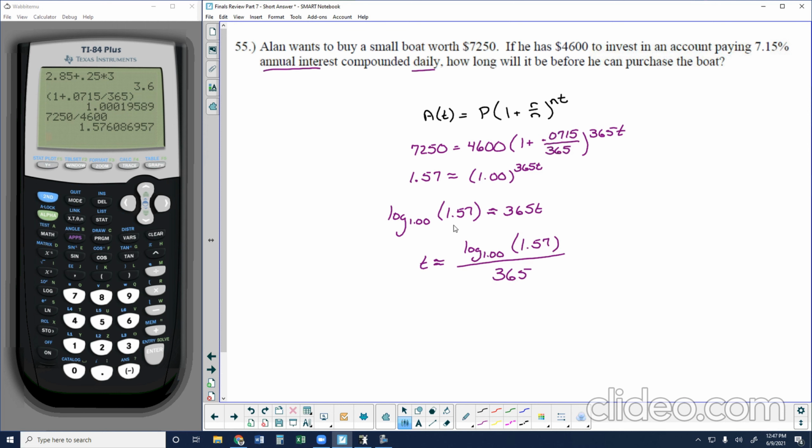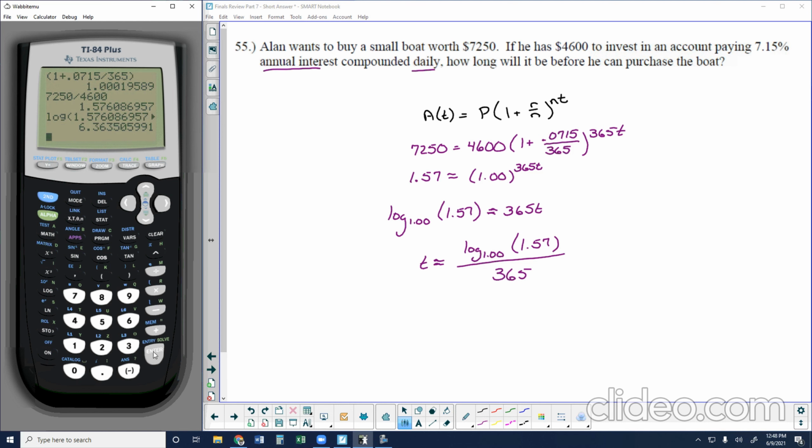When entering this into my calculator, I'm going to use the change of base formula. So the log of the 1.57, I'm going to input in here, which I should have been writing as 1.58, but I'm going to use that decimal, divided by the log of the base. I'm going to go back up and choose the decimal that was part of my base. And then I'm going to divide this by 365.